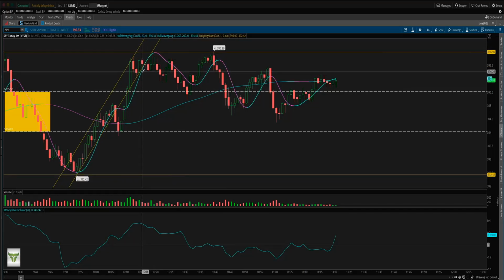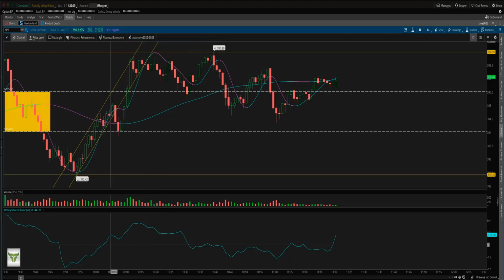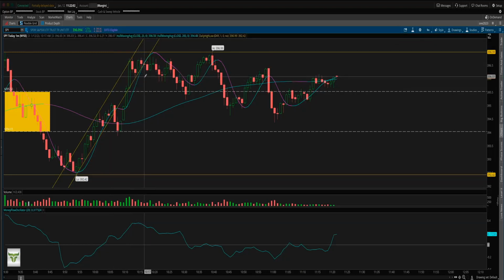Getting in here at the very bottom, so let's go over the price level tool.